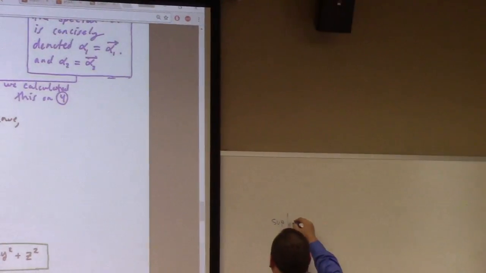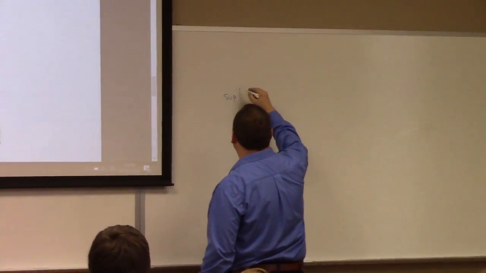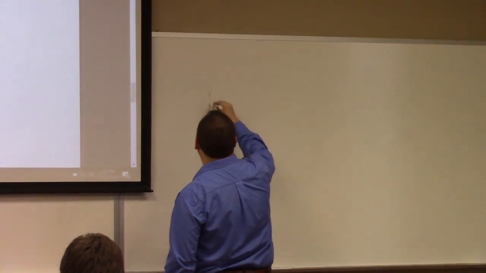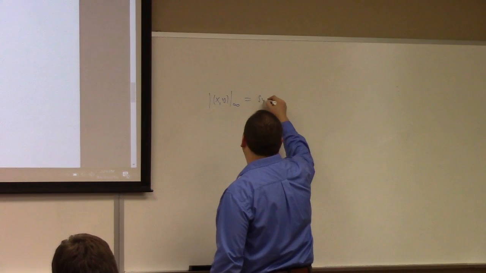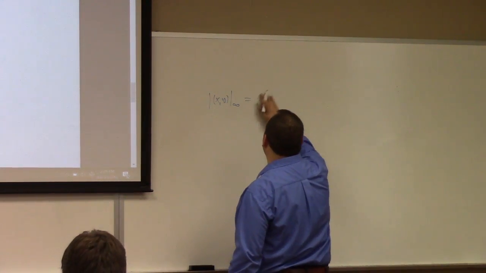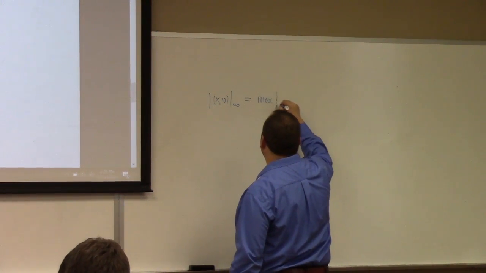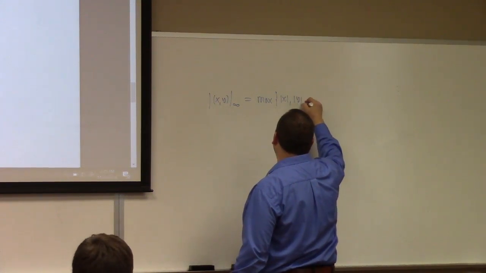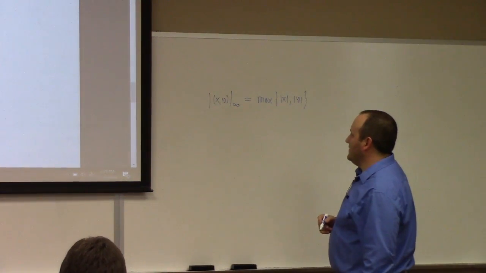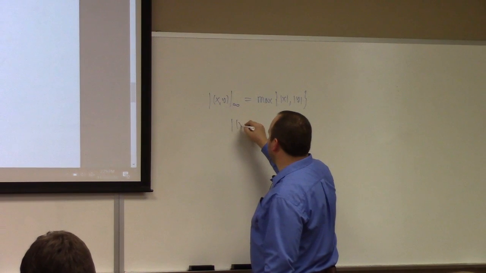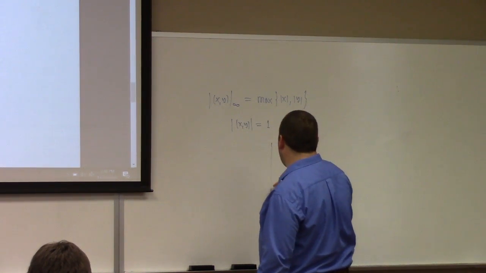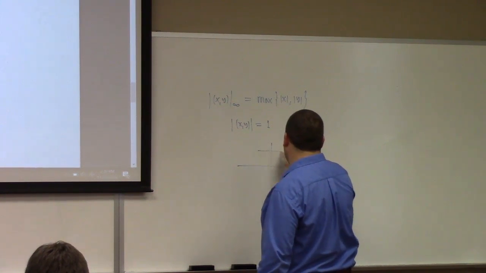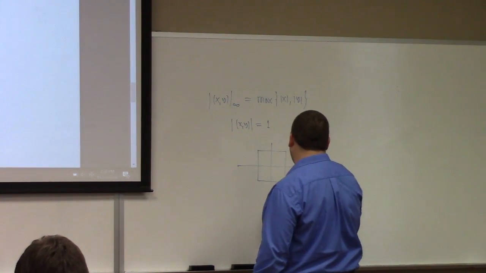Let's see, what's the sup norm? Well, you call it max, I guess. The max of f of x and f of y, I think, is the thing. So if you look at the set where it equals 1, if I remember right, is this the one? I can't remember if this is it, or that might give you a diamond.